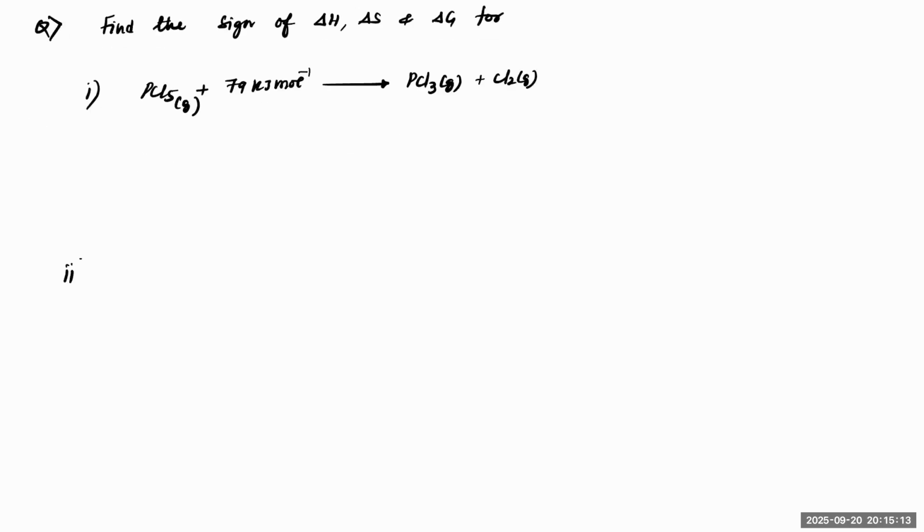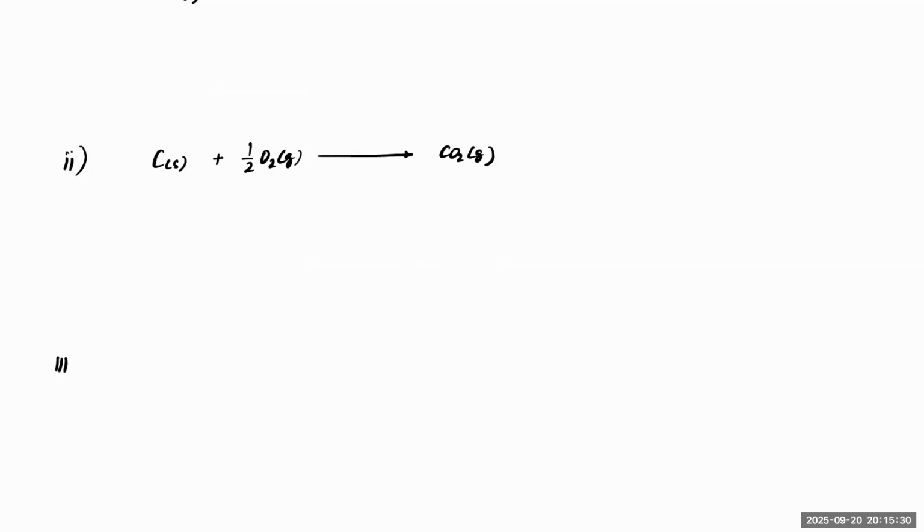Next, second one, clear? C solid plus half of O2 is giving CO2 gas. Third one, calcium carbonate plus 700 kilojoules per mole, that is giving calcium oxide plus carbon dioxide gas.